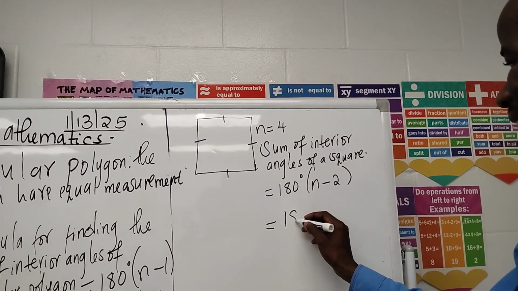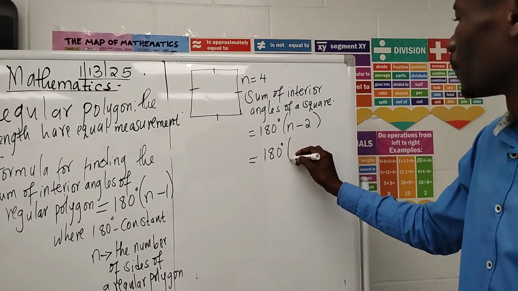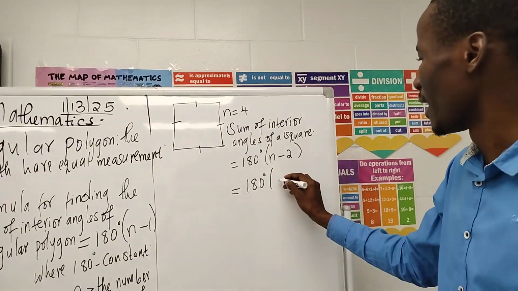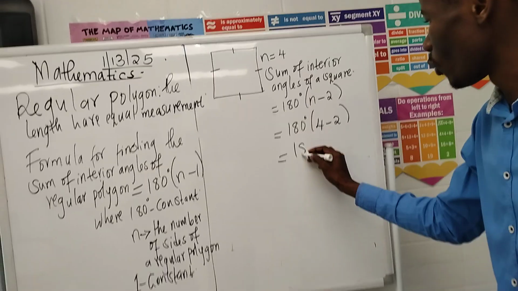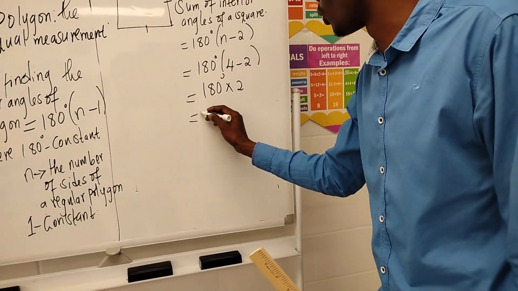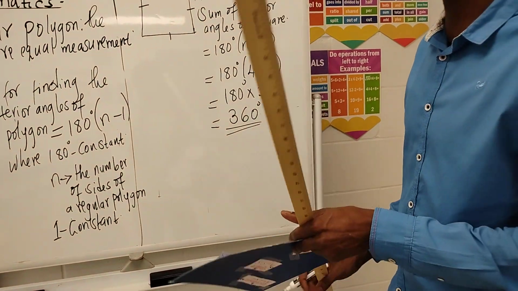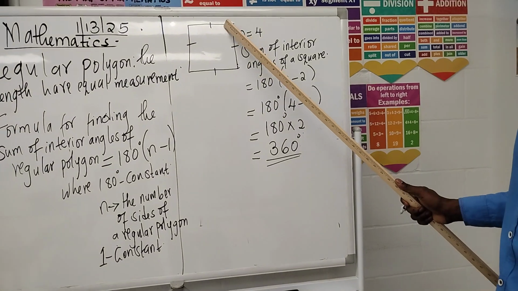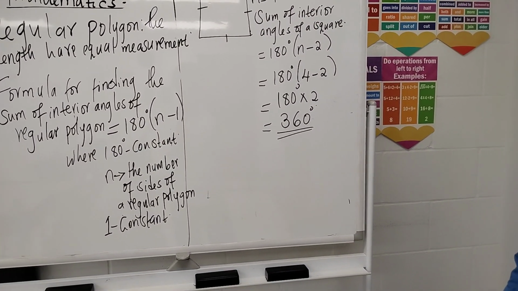We have 180 degrees into, how many sides? There are 4 sides. Therefore, I have 4 take away 2. What do we have? 180 degrees multiplied by 2 is equal to 360 degrees. This is the sum of interior angles of a square. So that is the first one.